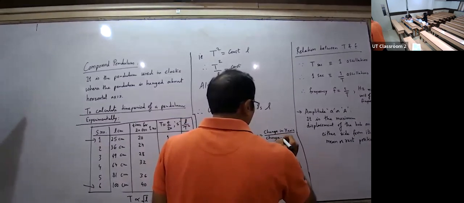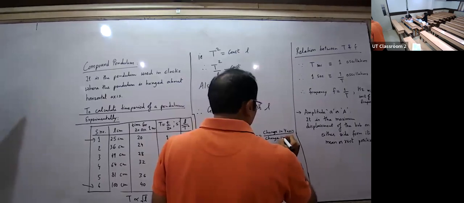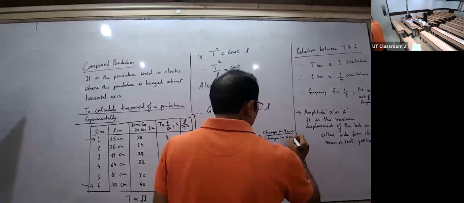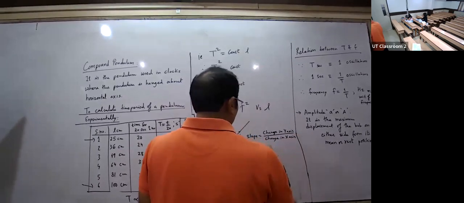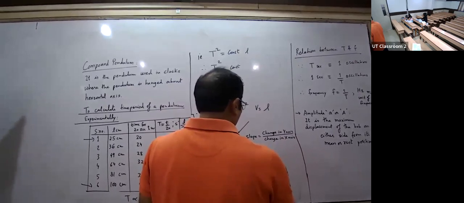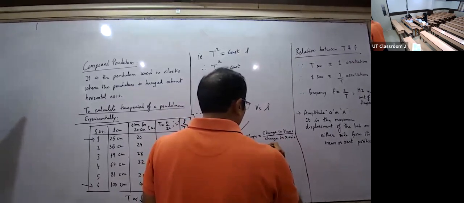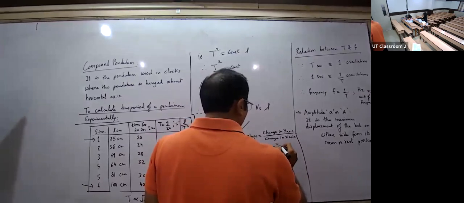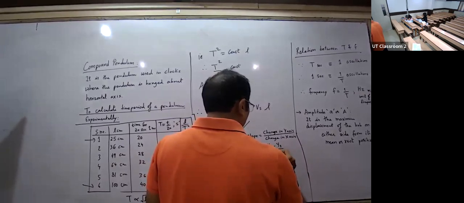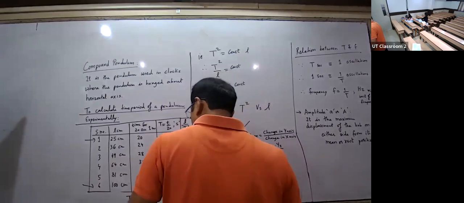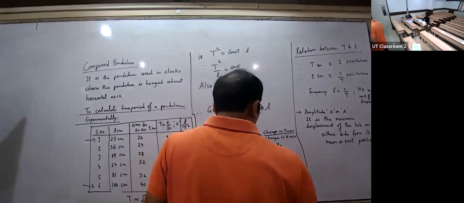This is the definition of slope in mathematics. So slope is equal to y2 minus y1 divided by x2 minus x1.